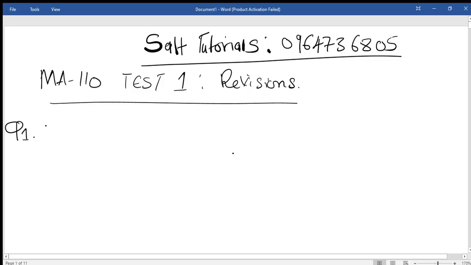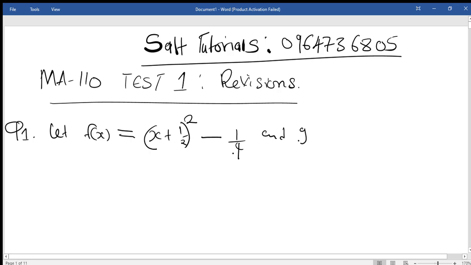Let f of x be equal to (x plus 1 over 2) squared minus 1 over 4, and let g of x be equal to 1 over the root of x. So these are two functions given.